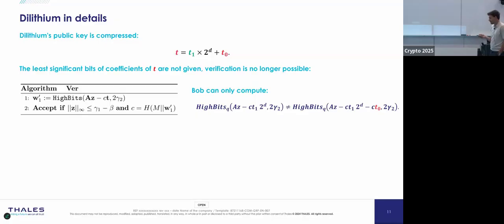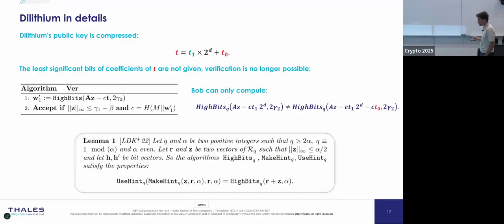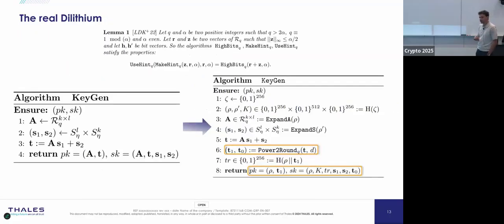This is why the authors of Dilithium created this lemma and two auxiliary algorithms, namely MakeHint and UseHint, that allow Bob to recompute the high bits of Az minus Ct, even if he does not know T0. So in reality, in the key generation, the vector T is split in two, and T0 is placed in the secret key, while T1 is kept in the public key.